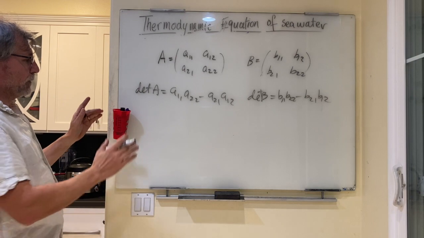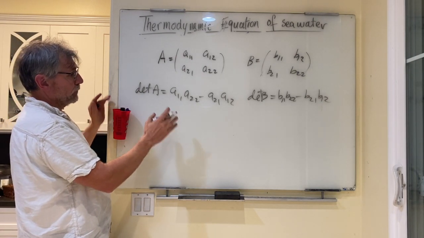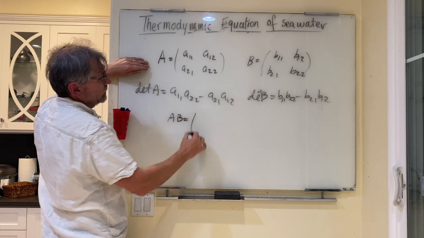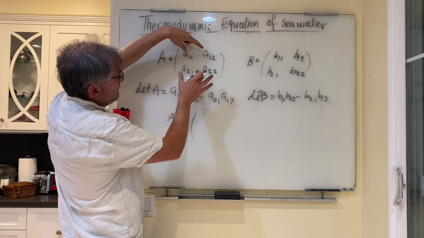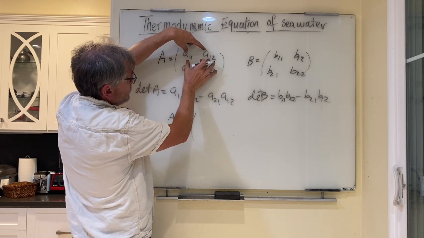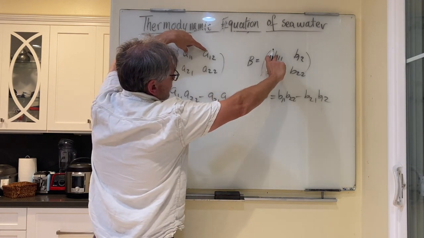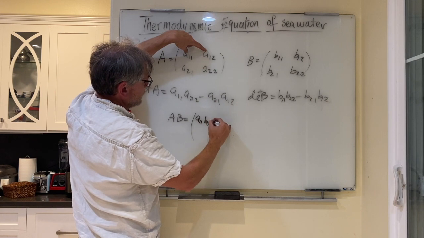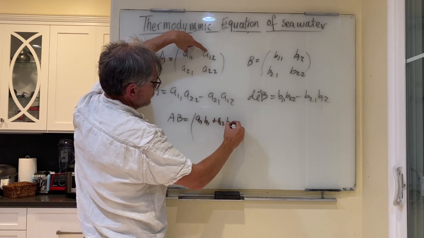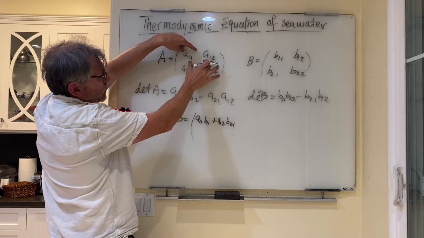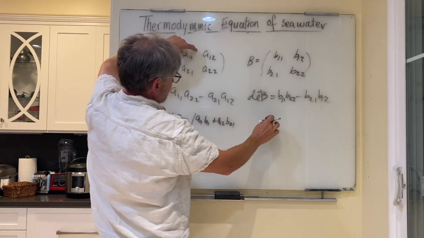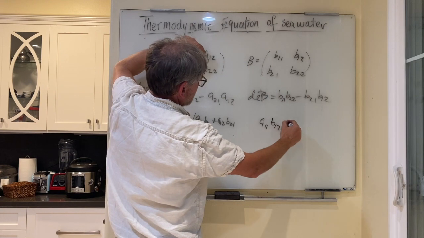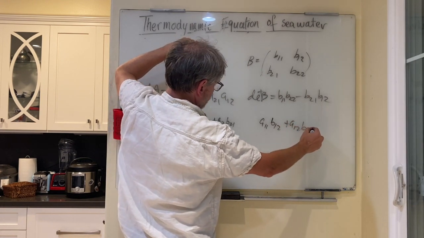And if I multiply the two matrices together, I get AB, which is going to be, the first element will be this row multiplied by this column. So that'll be A11 B11 plus A12 B21. Then this row times this column for the second element, A11 B12 plus A12 B22.